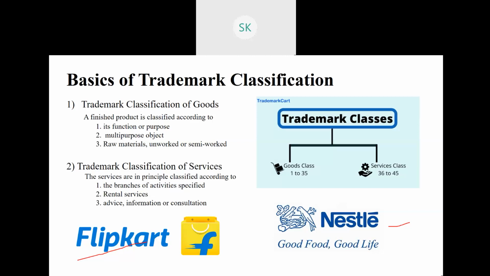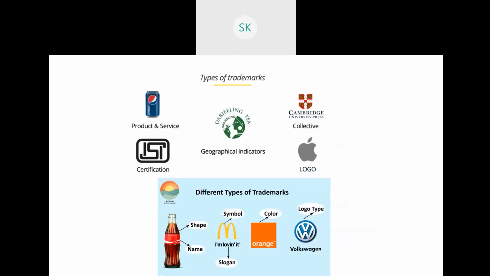So going towards the next slide, here are also examples of some types of trademarks. Here we can see Pepsi. Pepsi is a product, so it will come under goods, and service, for example the software industry, provides a service.